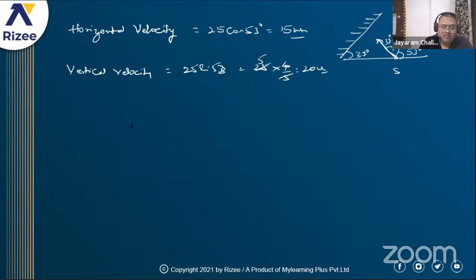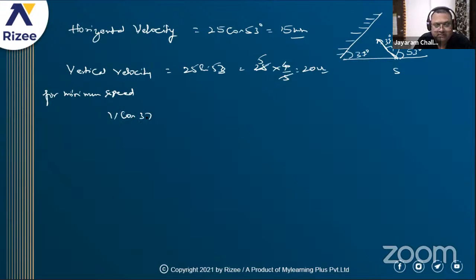Now when we go for the minimum speed situation, that is v cos 37 is equal to u cos 53.